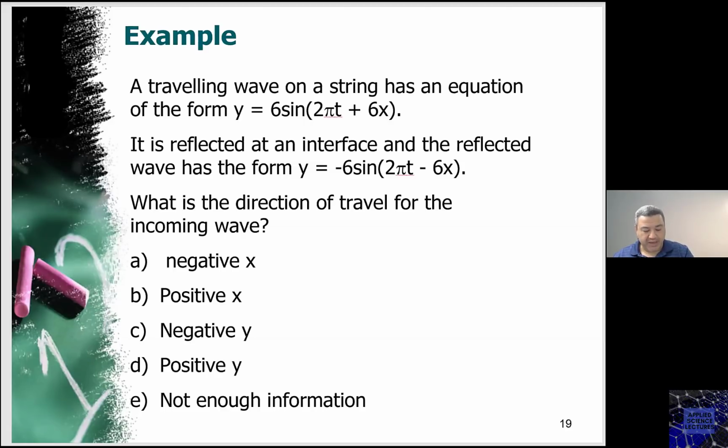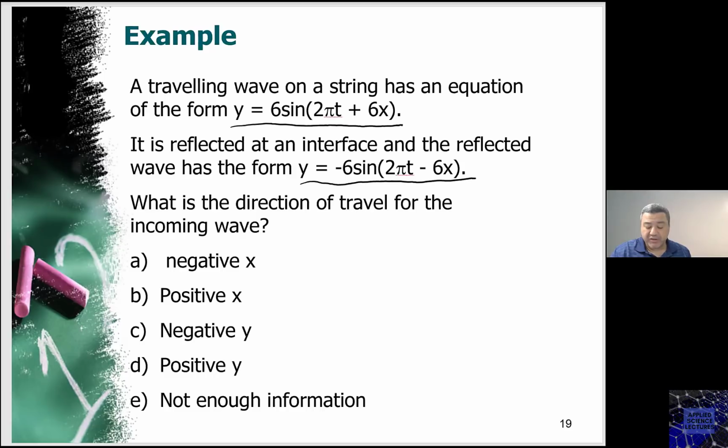Now, the second example. We have a traveling wave on a string with this equation, y equals 6 sine (2 pi t plus 6x). It is reflected at an interface, and the reflected wave has the form y equals minus 6 sine (2 pi t minus 6x).